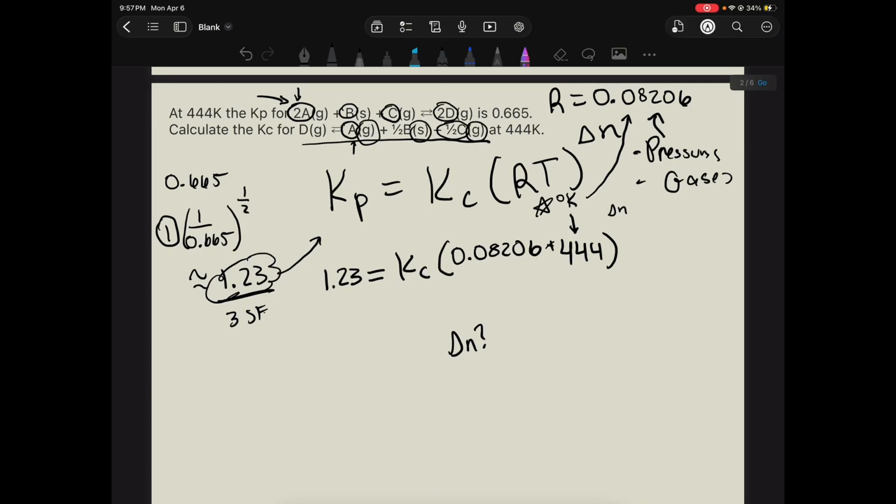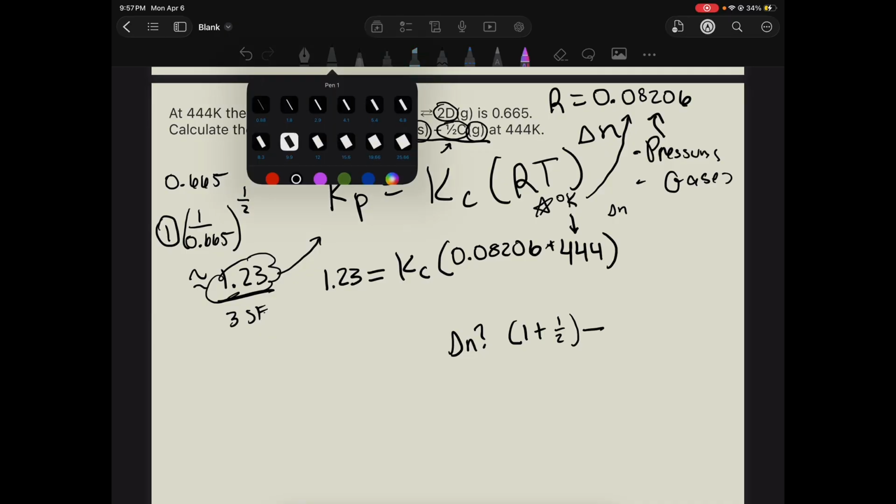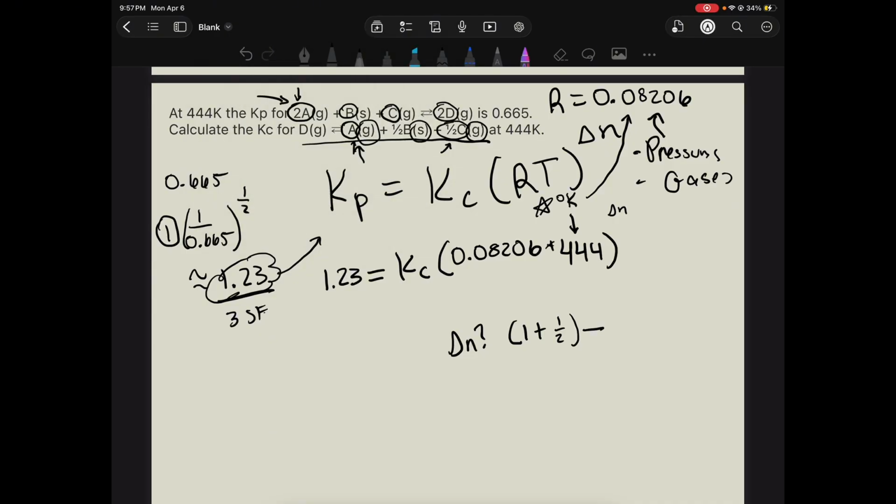So on the product side, we see an A, which is a 1, so it'd be 1, and then we see a 1 over 2, which is a half, so plus 1 over 2. That's the products, all minus the reactants. In this case, there's only one reactant, which is the A over here, which is just 1, so minus 1. This is just 1.5 minus 1, which is just equal to 1 over 2, or half. So delta N in this case would be 1 over 2.